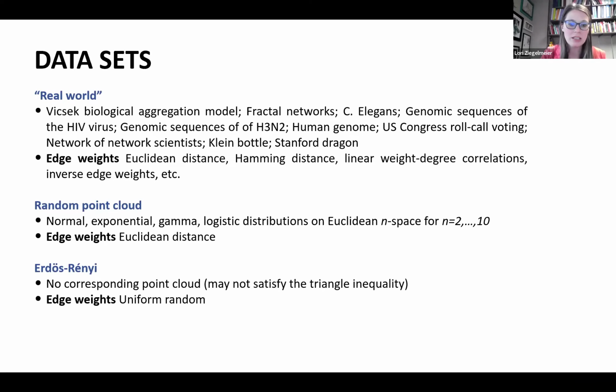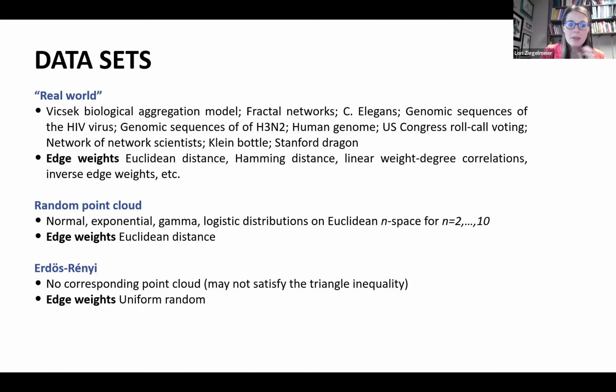We looked at Nina Otter's and collaborators' roadmap paper and took their data sets, which have a variety of distance notions on this. We also created 360 point clouds of various dimensions and distributions using Euclidean distance. And then we did the Erdős-Rényi random point clouds by using a probability measure to make connections between graph vertices.